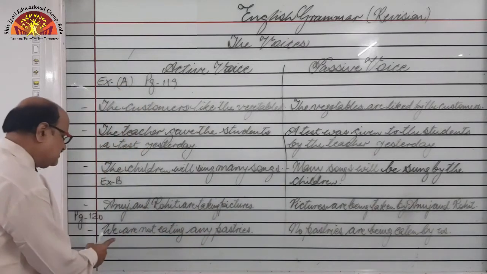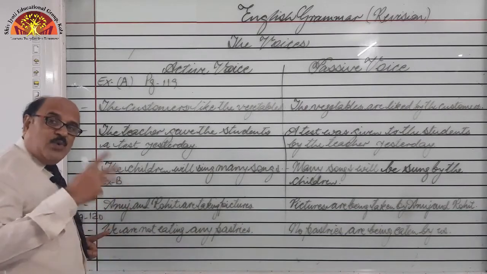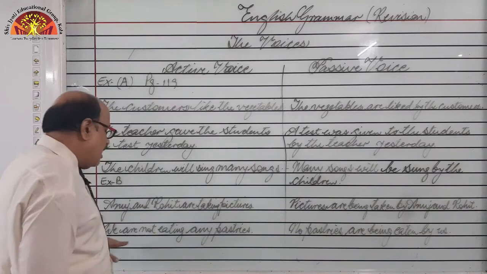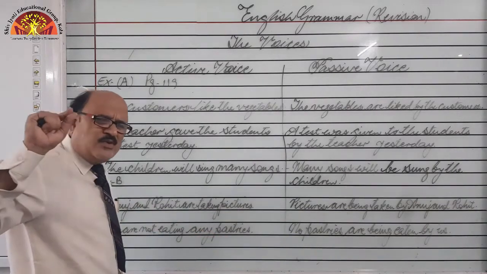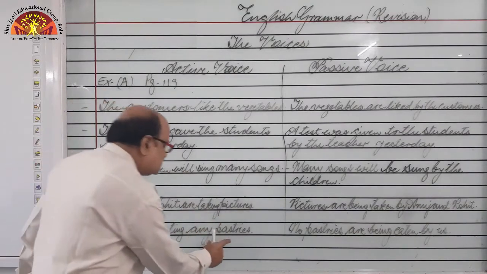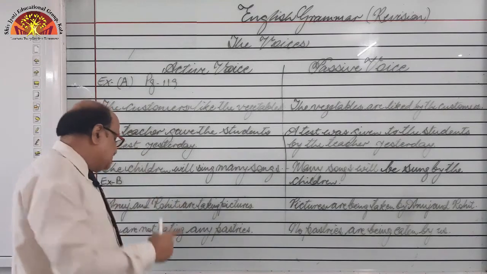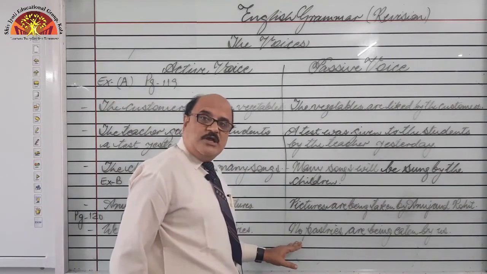And the next example is, please open your book at page 120. Page number 120, and the example is, we are not eating any pastries. So dear students, very important rule this is, whenever object is any and sentence is negative, so always not plus any is changed into no. Got it?